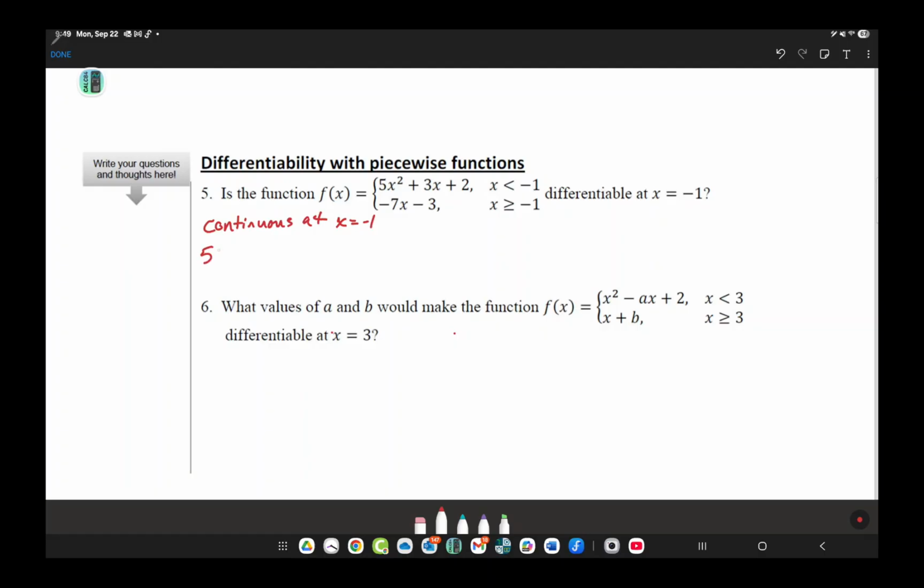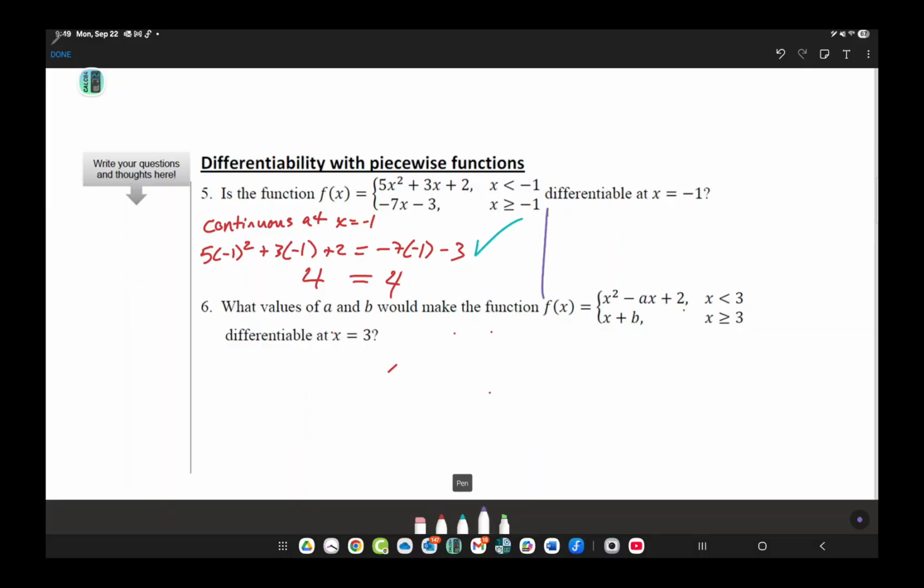Does 5 times -1 squared plus 3 times -1 plus 2 equal -7 times -1 minus 3? Now 5 times -1 squared is just 5, plus 3 times -1 is just minus 3, so 5 minus 3 is 2, 2 plus 2 is 4. -7 times -1 is 7, 7 minus 3 is 4. So it is continuous.